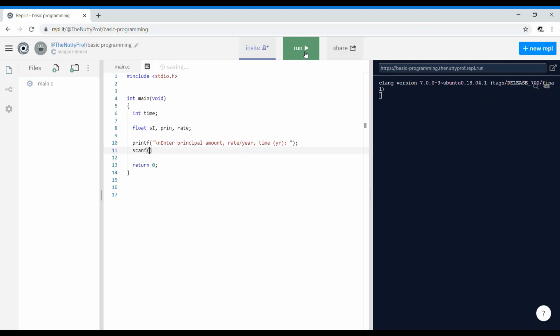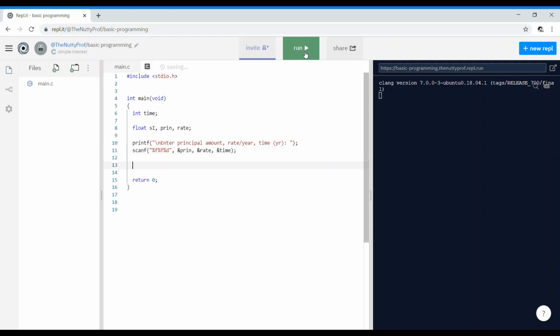So scanf, go ahead and enter the values. Principal amount is float, rate is float, and time is %d. So it will be ampersand PRIN, ampersand rate, and ampersand time.